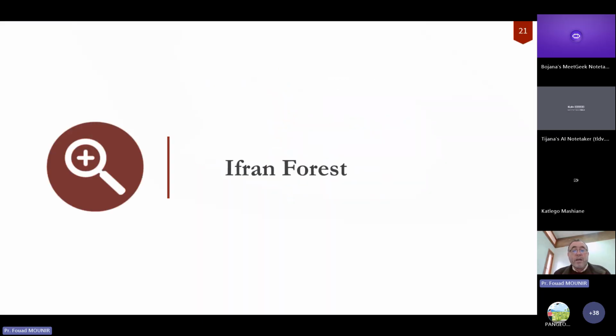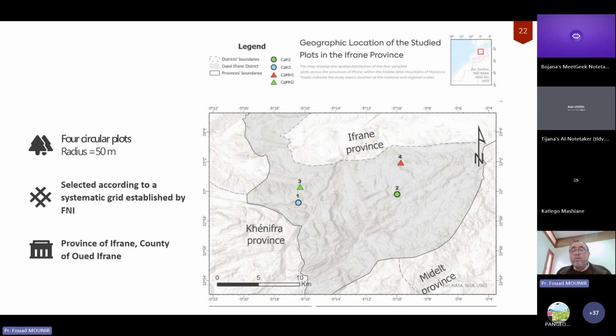The second site is Ifran, which is a mountain forest, whereas Maamora is a littoral forest. Maamora is not in a mountain, but Ifran forest is located in the Atlas mountains. We also chose in this area 4 plots, established by the National Forest Inventory Program, to be able to do some LiDAR scanning in this area and to take field data from these plots.